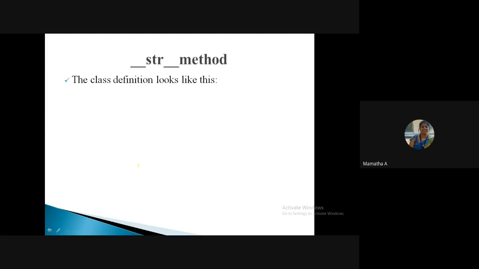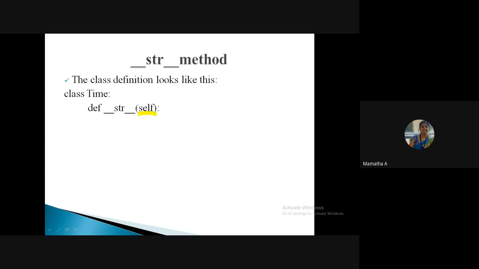I have taken an example of the time class. As you all know, time has three attributes: hour, minute, and second. So I want to print the time object. Just see the syntax as usual. Def double underscore str double underscore, and the first argument by default should be what, students?